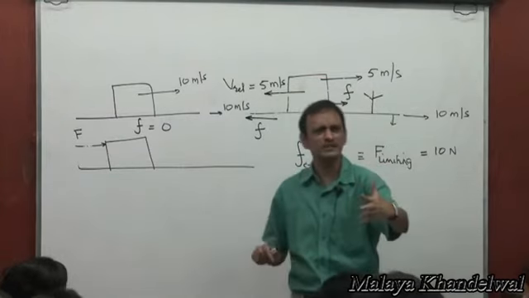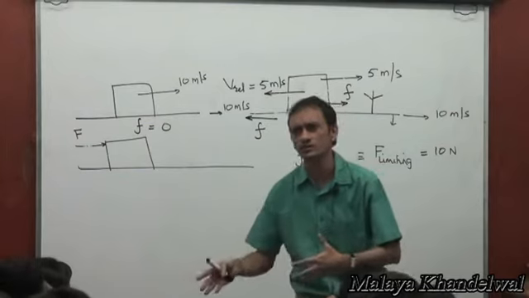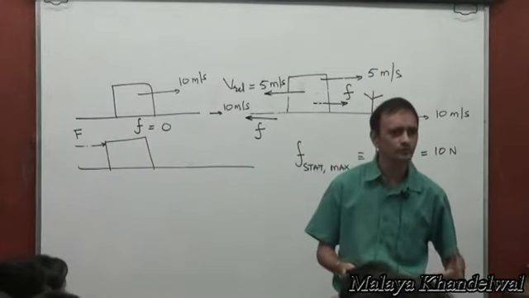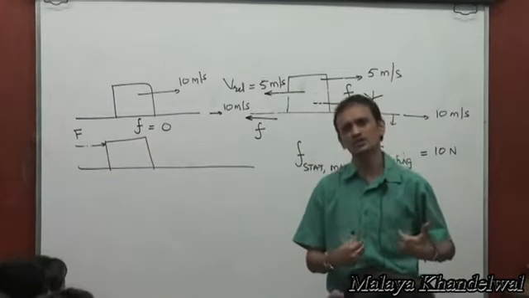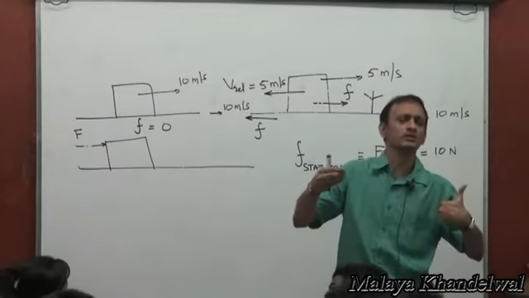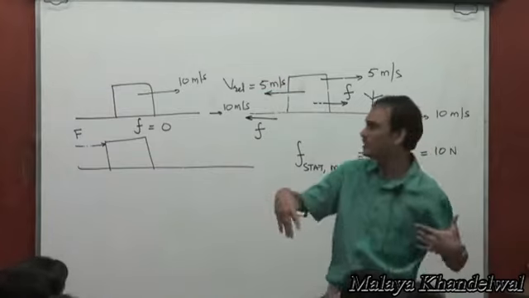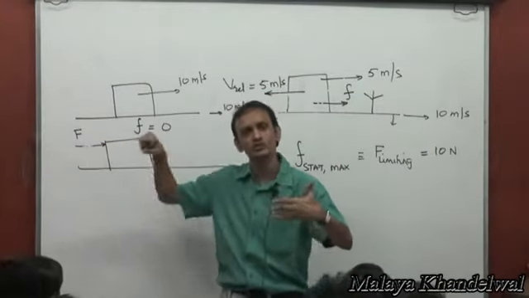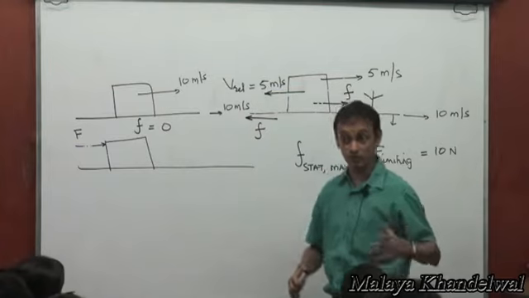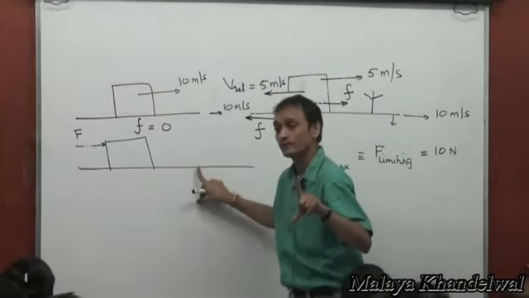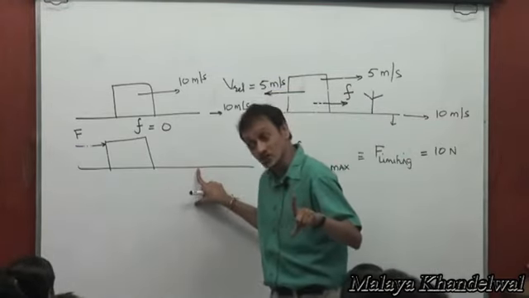I'm sure you have read some friction in school or in books. Have you? Right? In which it's stated very conventionally that the minimum F required to cause sliding is maximum static friction. The minimum value of the externally applied force should be maximum static friction, but that's true only when this surface is unaccelerated.